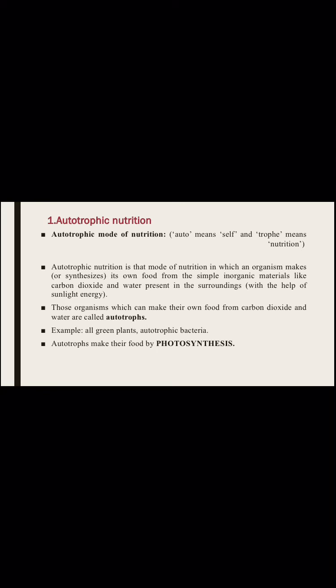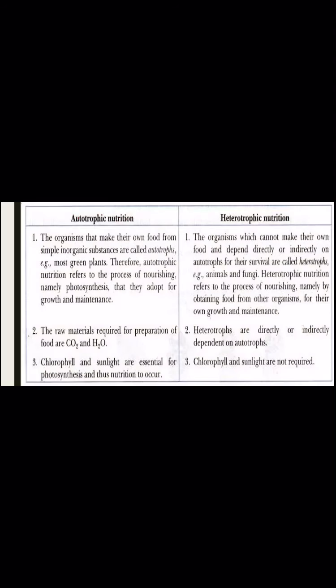The organisms which produce their own food are termed autotrophs. Examples of autotrophs are green plants and some autotrophic bacteria. They prepare their food with the help of photosynthesis. First of all, we shall understand the difference between autotrophic nutrition and heterotrophic nutrition before moving to the process of photosynthesis.